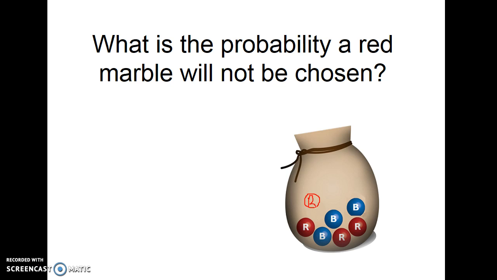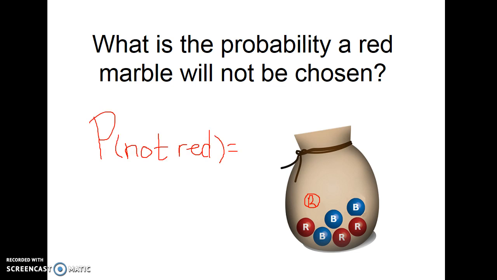Now there are 4 reds and 3 blues. So what's the probability that a red marble will not be chosen? Well, in this case, since there are only 2 choices, if you're not choosing a red, you're choosing a blue. So the probability of not choosing red is actually the same as choosing blue.